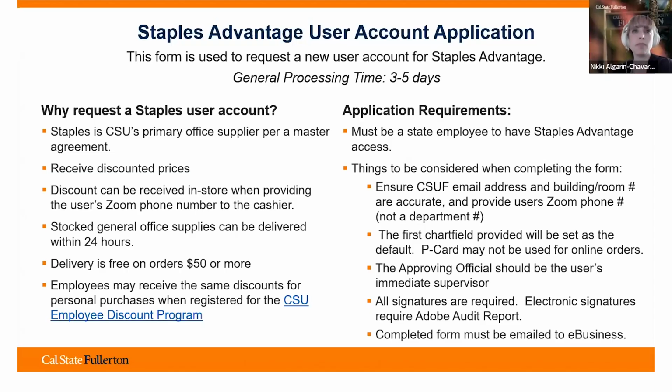P cards may not be used online, but they are allowed for in-store purchases. And then the approving official should be the immediate supervisor, and all signatures are required. Electronic signatures will require the Adobe audit report. And then this form is sent to eBusiness for processing.